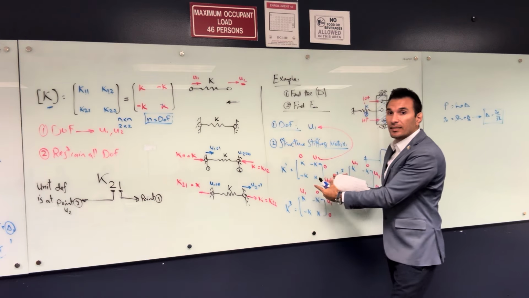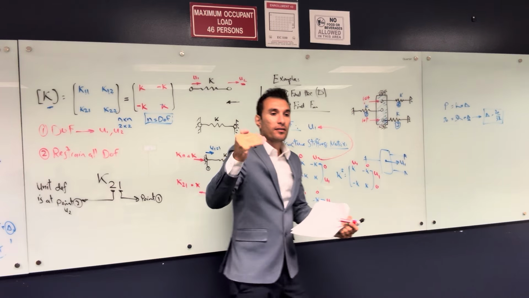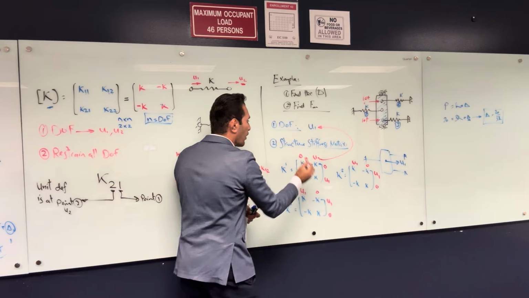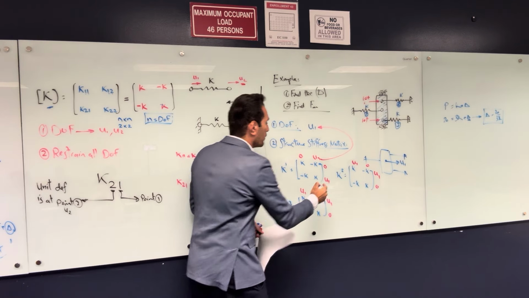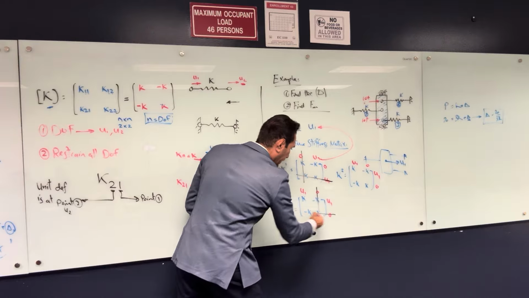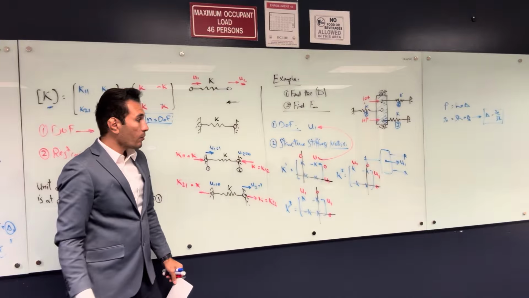Once we fit this stiffness matrix in a structure, we put zeros at the points that don't have a degree of freedom. So since this point doesn't have a degree of freedom, I put 0, and then we cancel these stiffnesses. I cancel all the ones that have zeros.